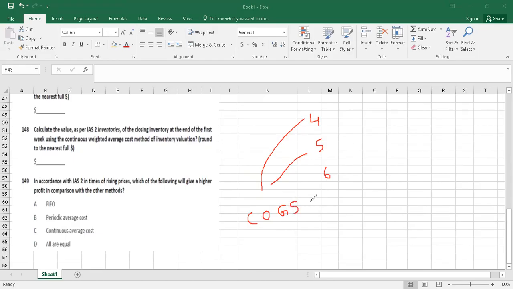Cost is low because the first lot will have the lowest price because the prices are already rising. Cost of goods sold will be low.